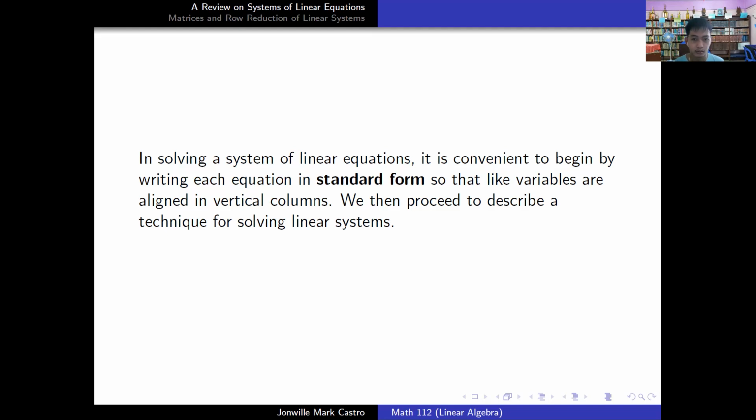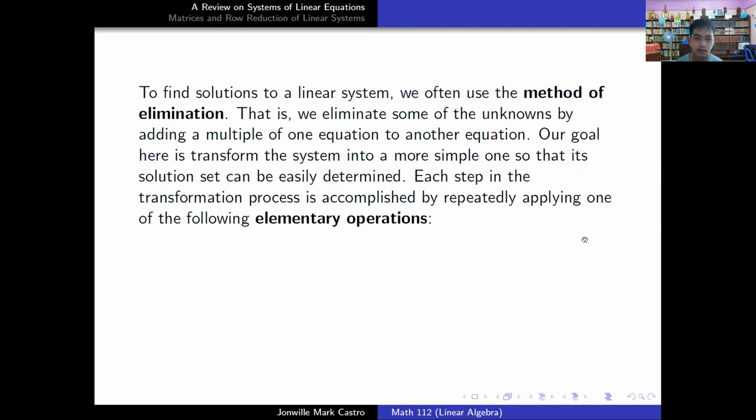So pag para yung mga variables natin, naka-align sila in vertical columns. Then, so proceed tayo ngayon sa mga technique ng pag-solve ng linear systems.